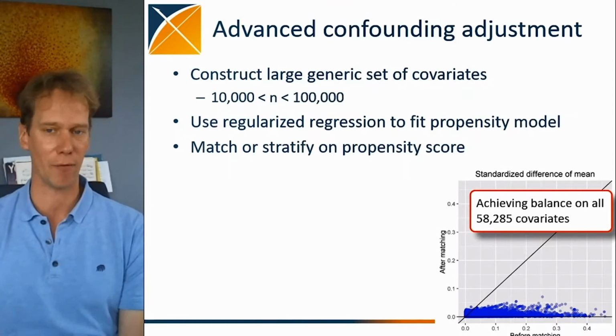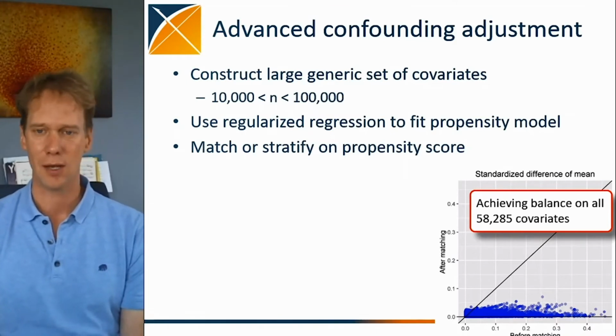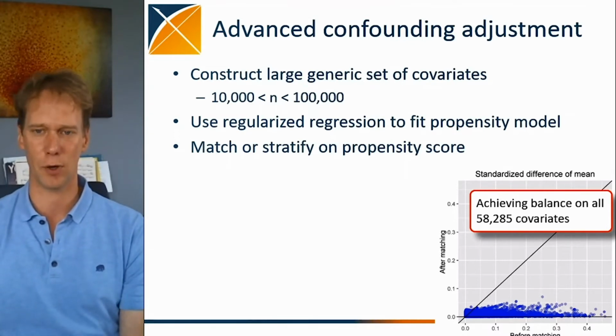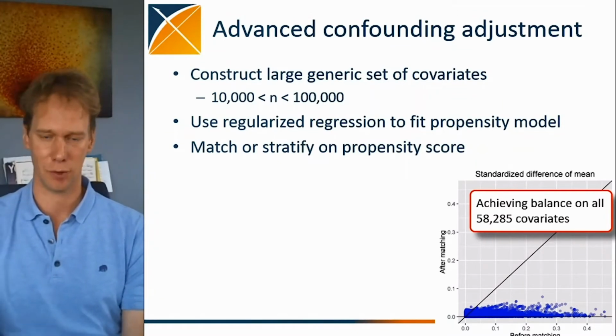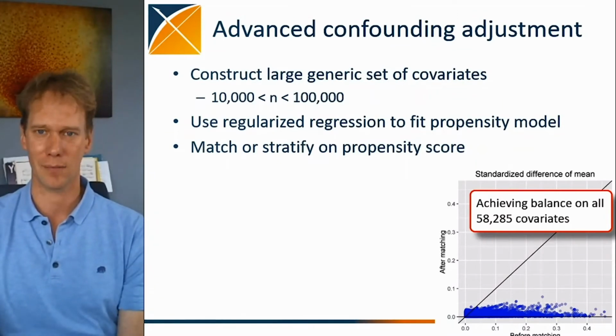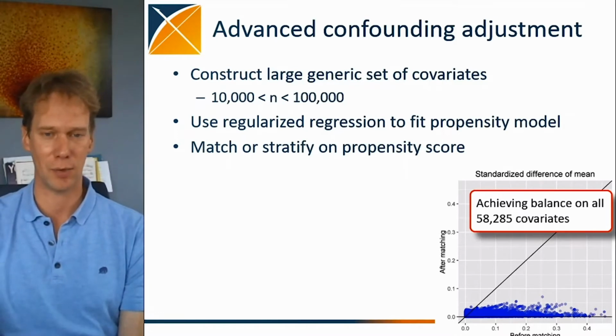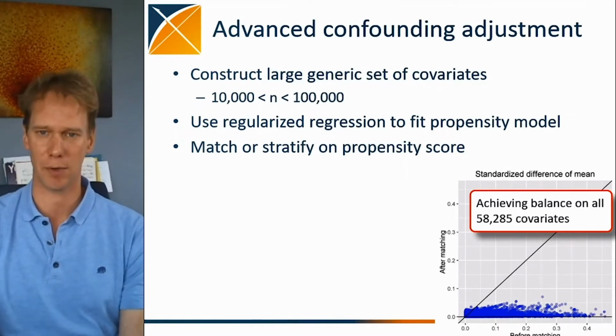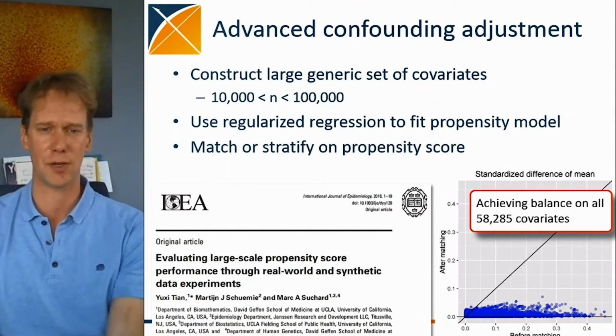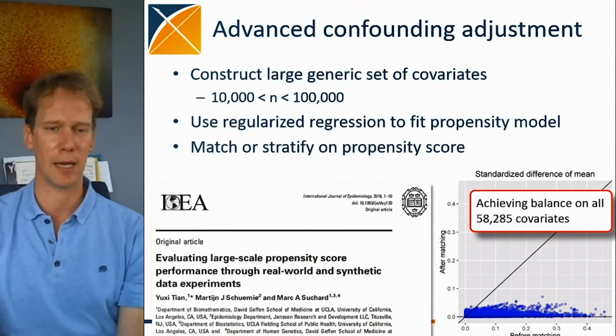So even if we have almost 60,000 covariates, on every one of them, we achieve balance, measured as standardized difference of means smaller than 0.1 on each of those covariates without exception. So that gives us an indication that we have managed to balance these populations properly and can continue to do our study. And this procedure has been described in this paper led by Yuxi Chang.